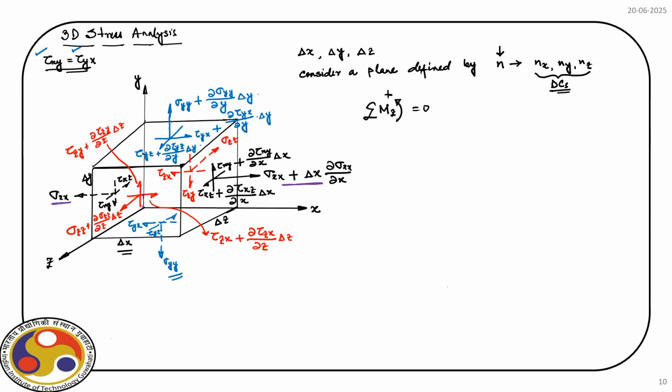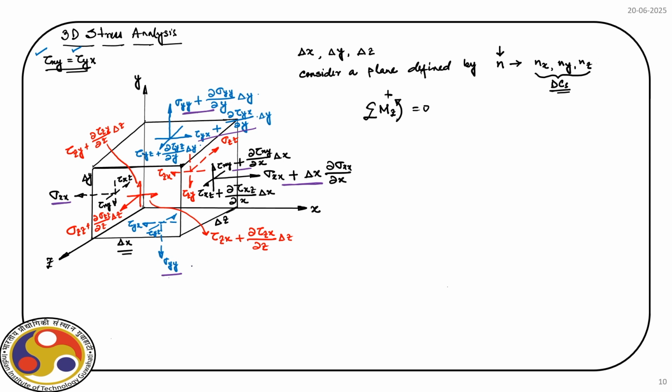So, does sigma x x on the left face. Then obviously, sigma y y. So, this one will contribute. So, does the one at the bottom, sigma y y. Obviously, tau x y, this one will also cause a moment about z axis, and then tau y x. So, this component, okay, tau y x.